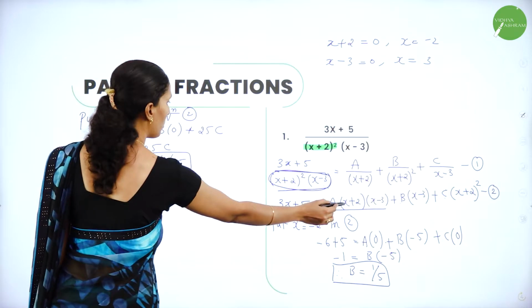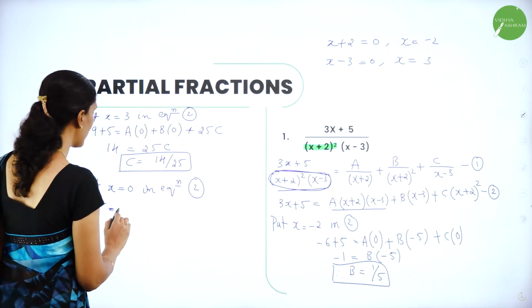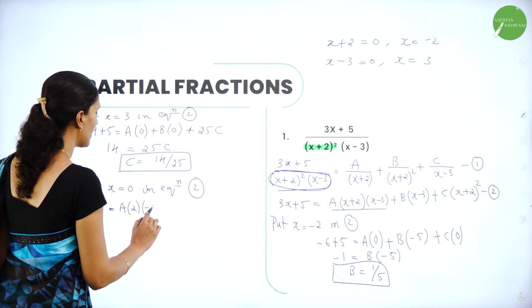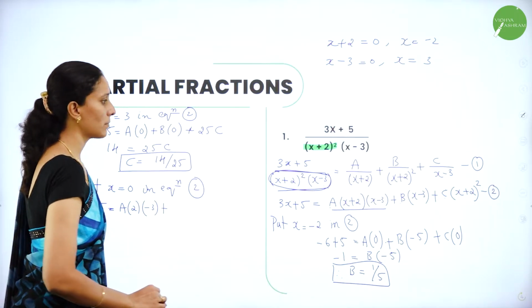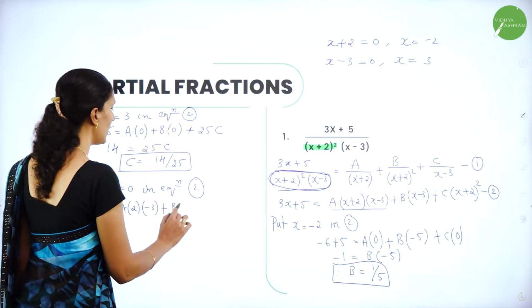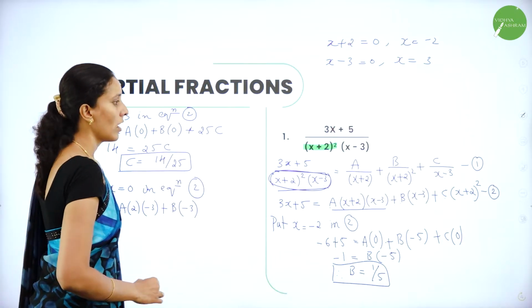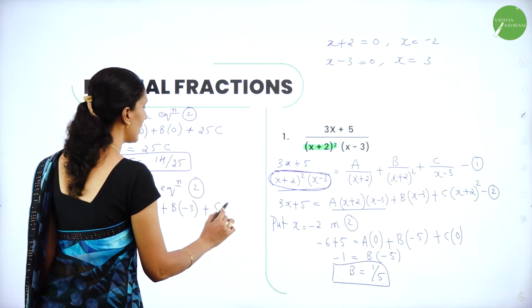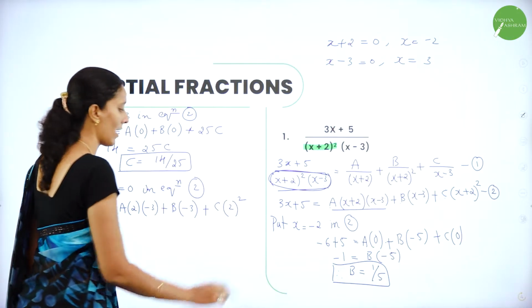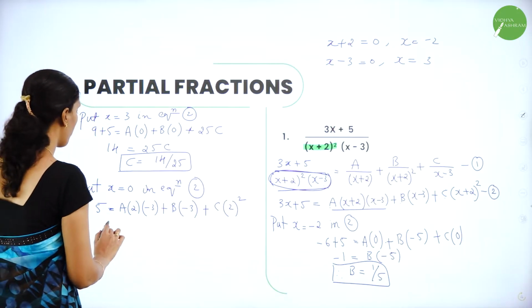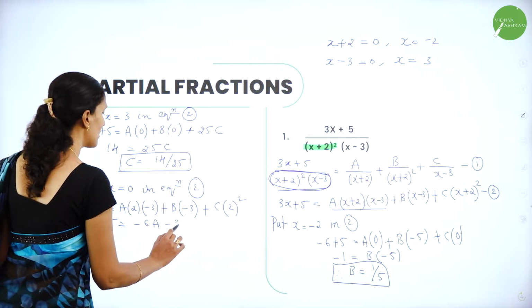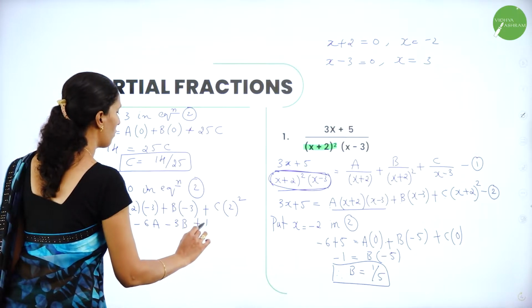There you put 0, so you will get this as 2 and that as minus 3. Next, plus b, you have b into minus 3. Next, c, you have c into 2 square. So that is 5 is equal to minus 6a minus 3b plus 4c.